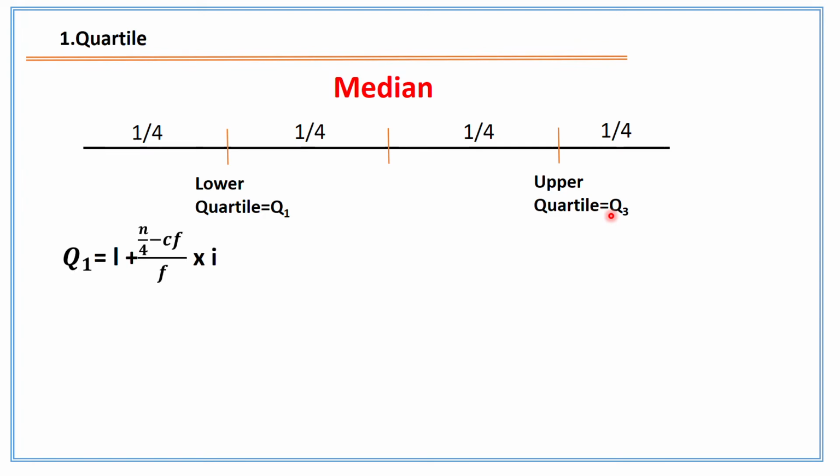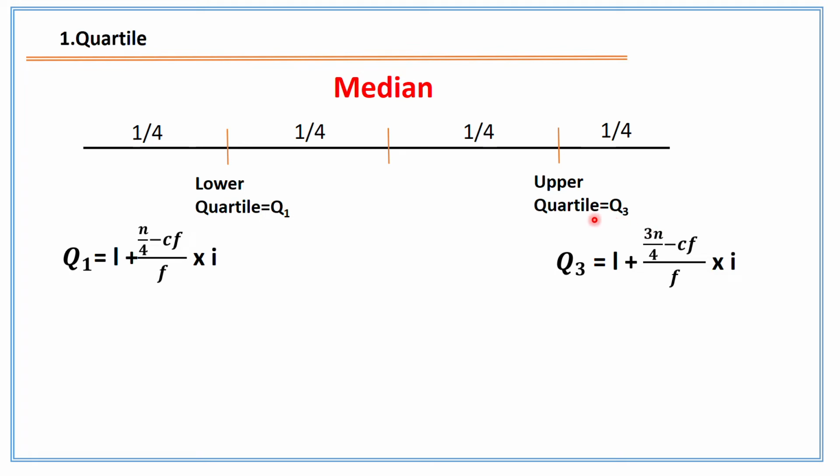Now we will see the formulas of both. If I want to find quartile Q1 in a particular series of data, the formula is Q1 equals L plus (n by 4 minus Cf) upon f into i. For Q3, the whole formula will be the same, but instead of 1 by 4 of the data, we will take 3 by 4, because we are now finding the upper quartile.